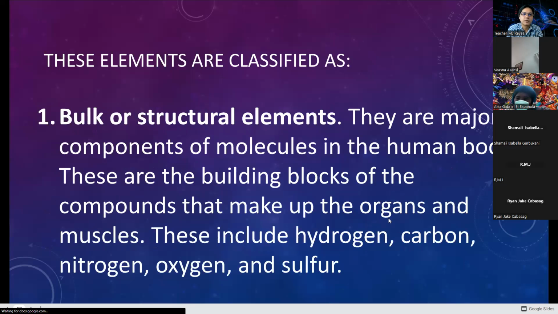Let's take a look at this one. These elements are classified as number 1, bulk or structural elements. What are these elements? They are major components of molecules in the human body. These are the building blocks of compounds that make up the organs and our muscles. These include hydrogen, carbon, nitrogen, oxygen, and sulfur.